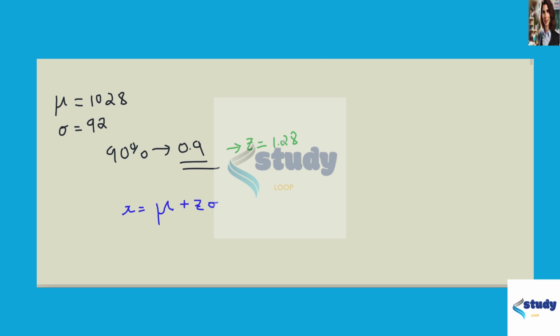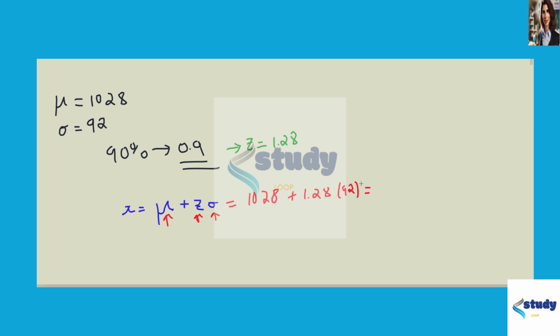So if you just start plugging in all the values that we have, mu is equal to 1028, and z is found to be 1.28. It's plus 1.28 times our standard deviation, which is 92.